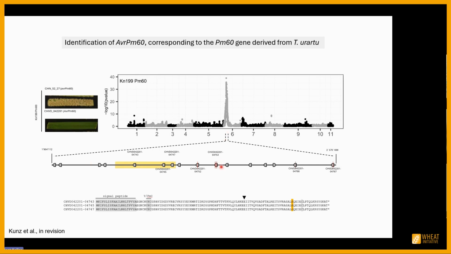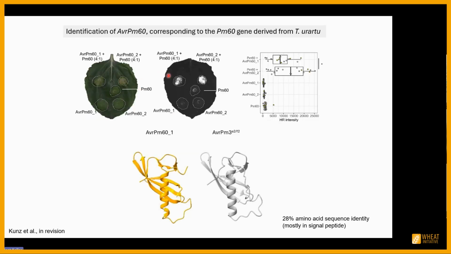Then we looked at the candidate genes, and basically there was one candidate gene which was clearly the best candidate. It was present in duplicate, in 2 copies, and when we then tested in the Nicotiana assay both copies together with the PM60 immune receptor, we found hypersensitive response, which you can also see here. So demonstrating that both these copies, which are very, very closely related, can act as avirulence gene for PM60.